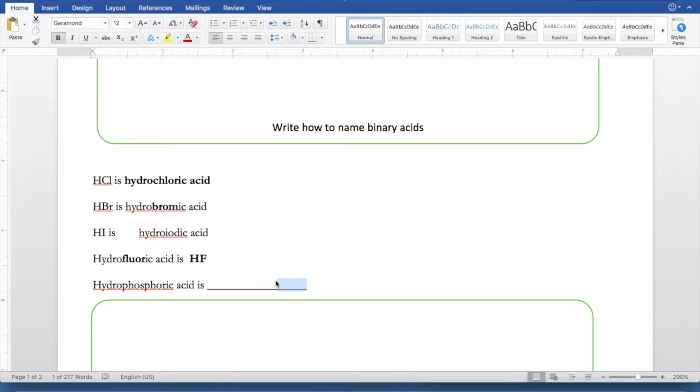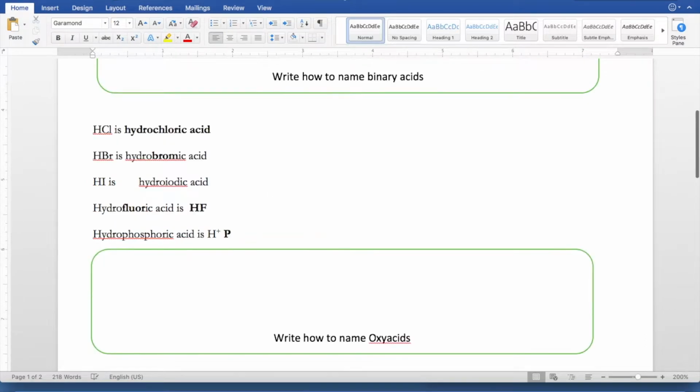Hydrophosphoric. Okay, well, I look at my ion sheet, and I see that P forms a -3 charge. And I've got to get rid of all those minuses, and my H's only come in plus flavors. So if I have 1 plus per H, then I need 3 H's to cancel out these 3 minuses.